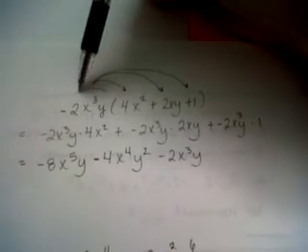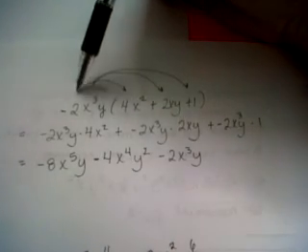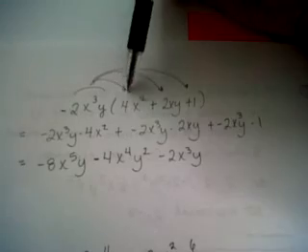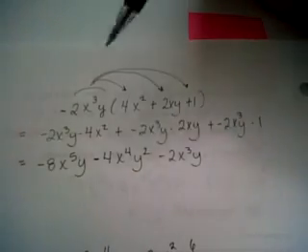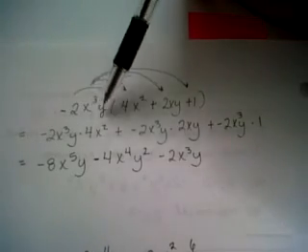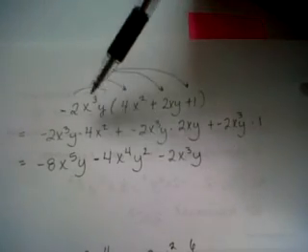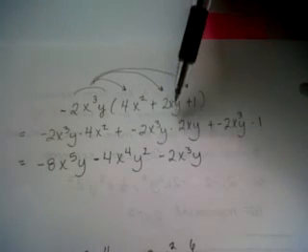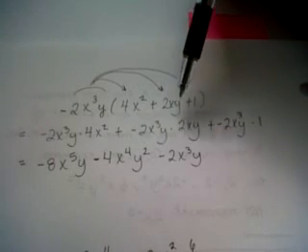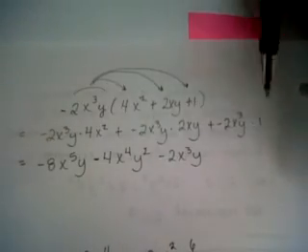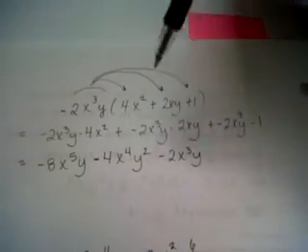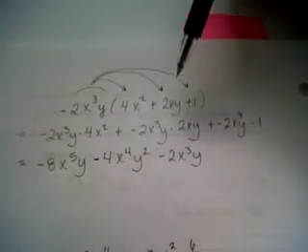And I'm going to take the negative 2x cubed y and multiply that to each piece here. Okay? And so when I do that, I get negative 2x cubed y times 4x squared plus negative 2x cubed y times 2xy and plus negative 2x cubed y times 1. So I'm taking this and multiplying it to each term in the trinomial.